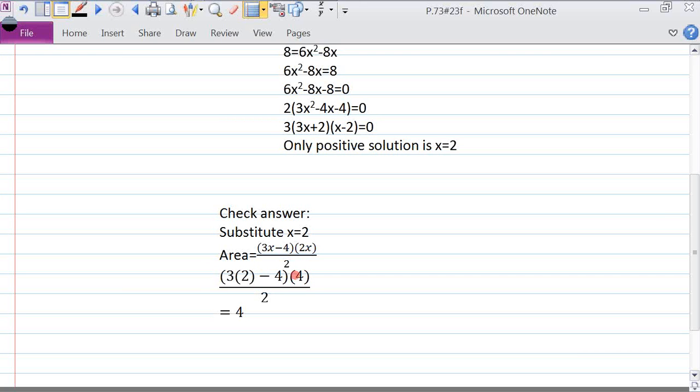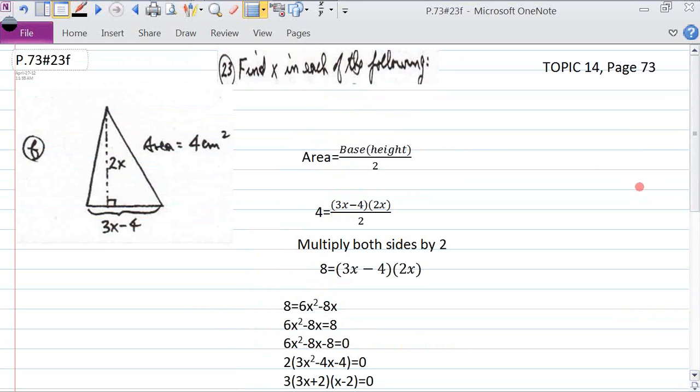So that 2 cancels with this 2, and I'm just left with 4. So you could say 6 minus 4 is 2, 2 times 4 is 8, 8 divided by 2 gives me 4. So it doesn't really matter which way you do it. So this completes our discussion on problems on page 73.